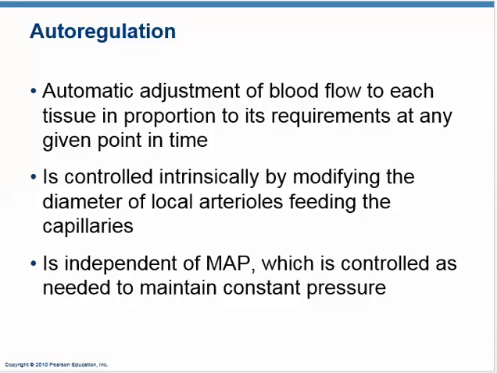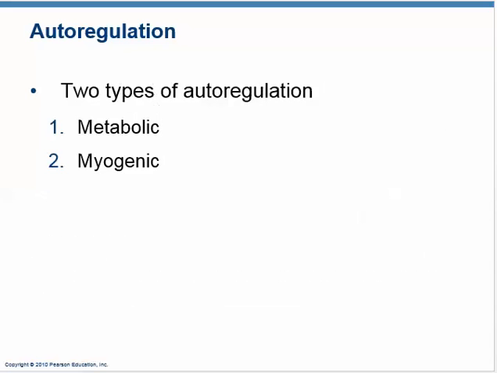And so it's really controlled by modifying the diameter of the arterioles that go into those capillaries. And so there are local things that drive that. And the local things are, there's two types. One is a metabolic and the other one is a myogenic determination.